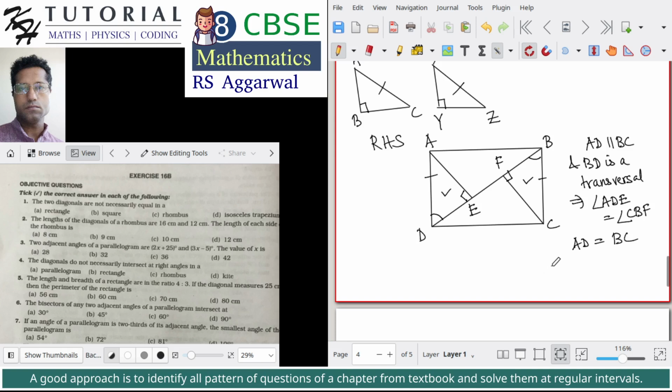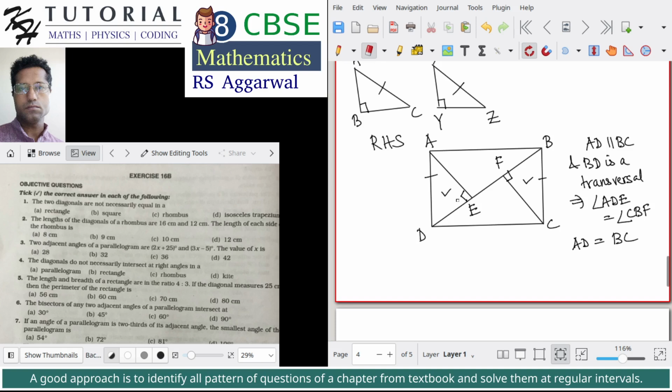So one right angle is equal, one hypotenuse is equal, and the fact that these two angles are equal will not help in establishing the congruency relation between triangles ADE and BFC. So we have the hypotenuse is the same, AD is equal to BC, and both the triangles are right angled.